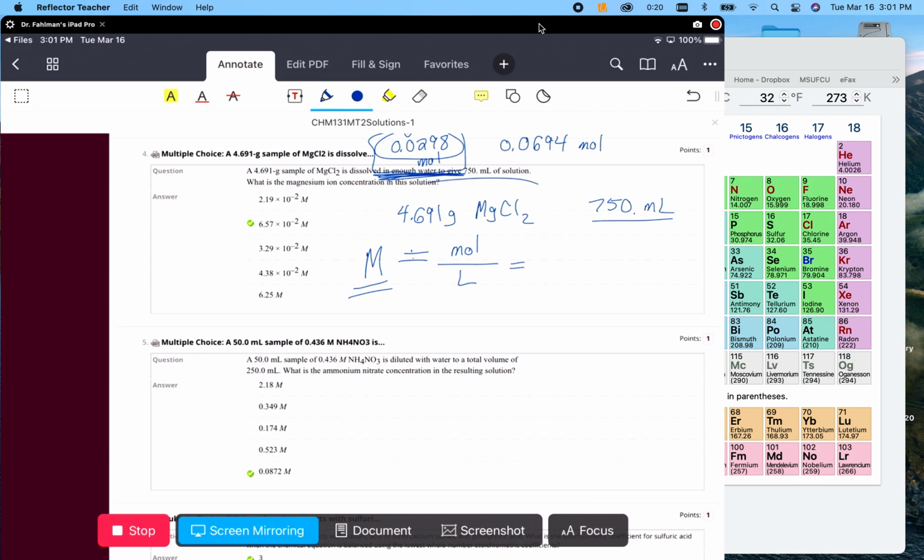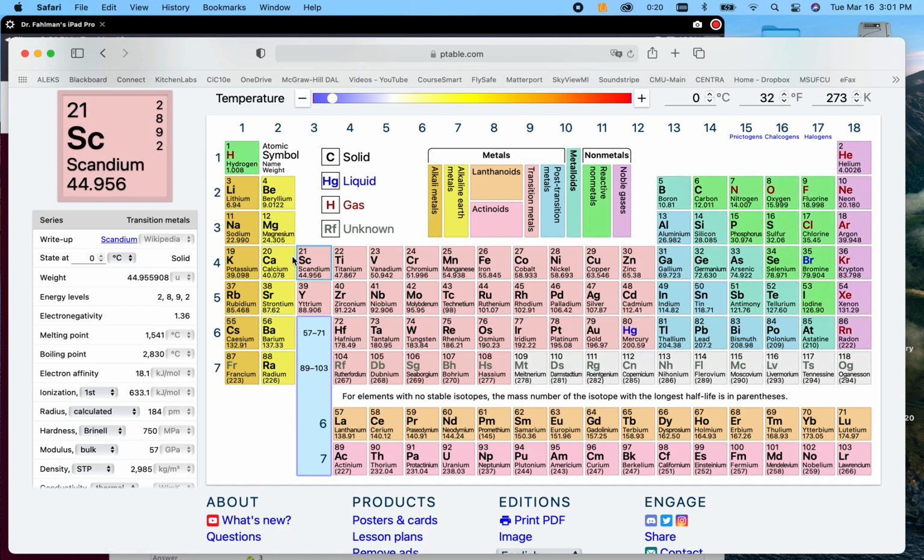Okay, so we have to get moles, and so we have to do 4.691 grams divided by its molar mass. And so magnesium is 24.305, and then chlorine 35.45. And we have two of them.